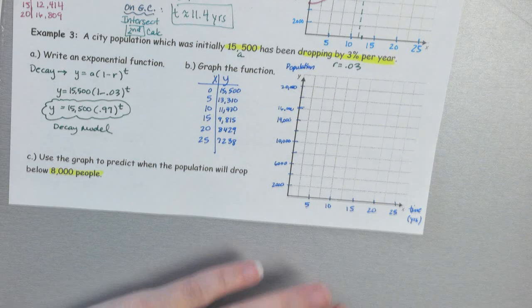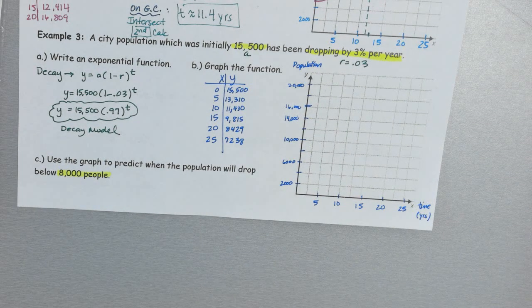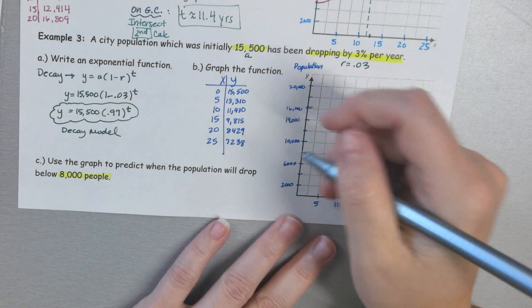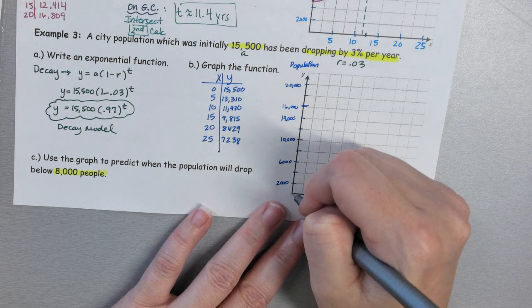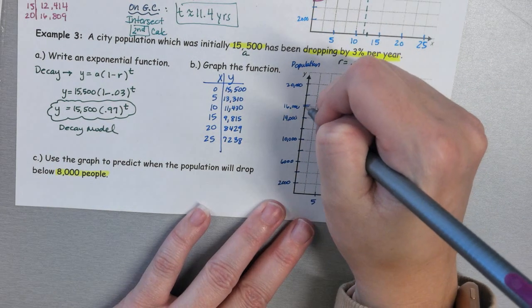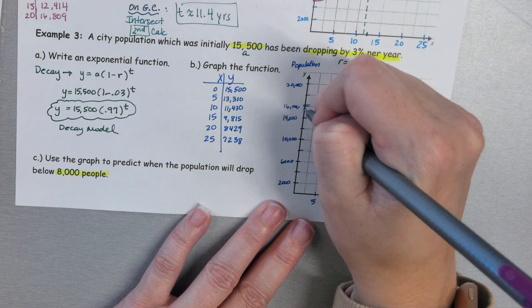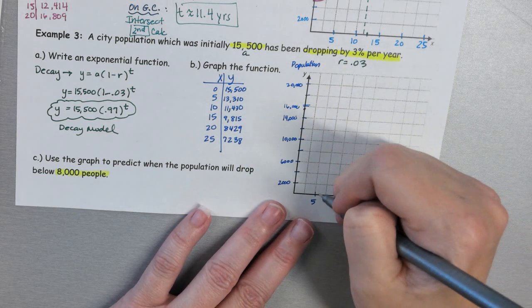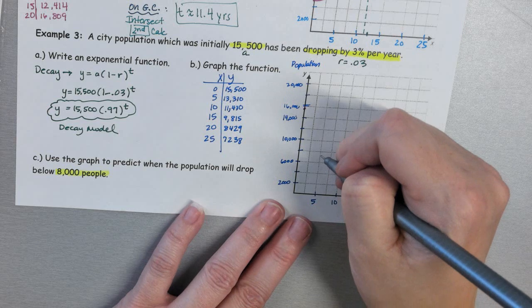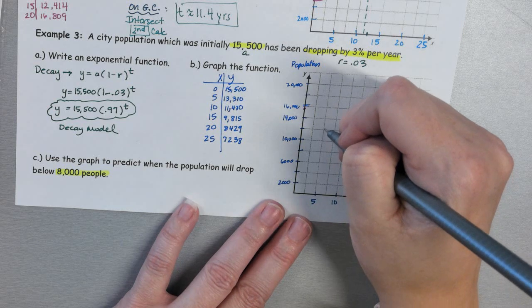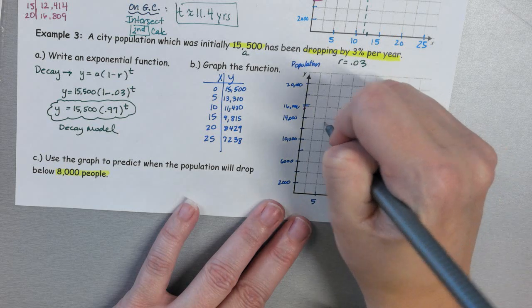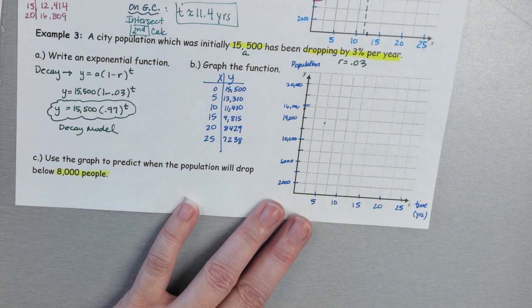All right, and then remember we're plotting our points. So when you plot your points, we're doing those gentle dots here. So at 0, 15,500 is going to be pretty close to 16,000. At 5, I'm at 13,310. So here's 12, so about 13,000.